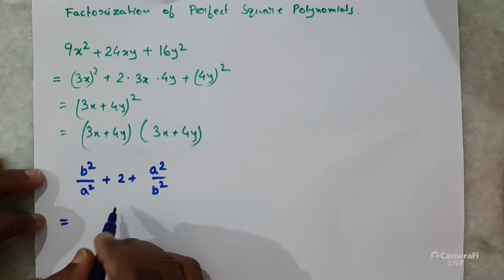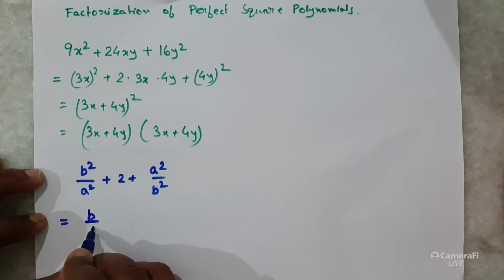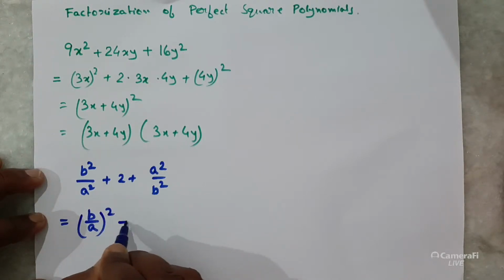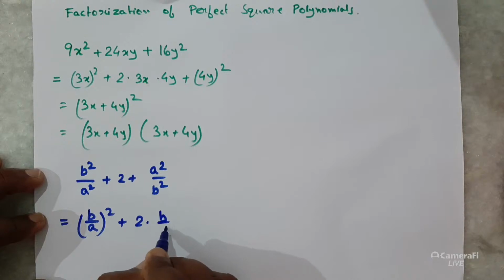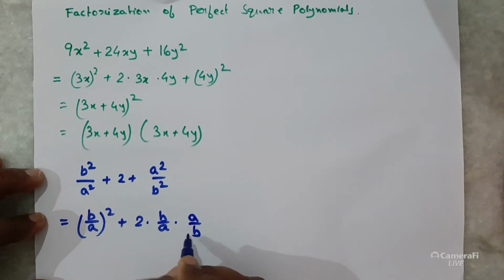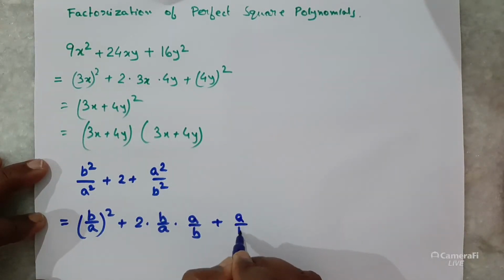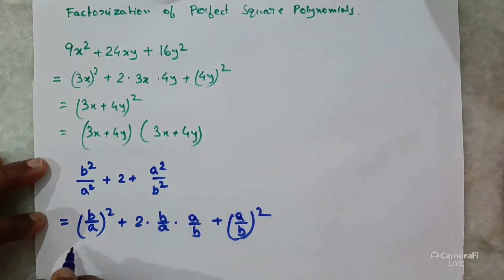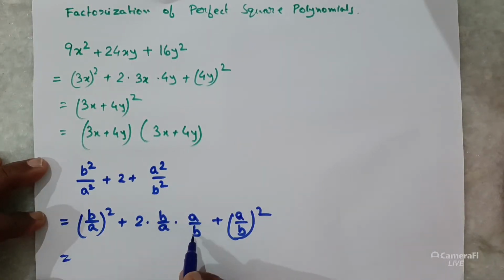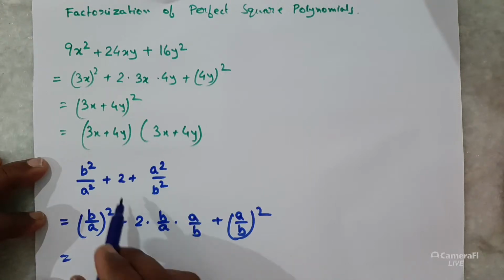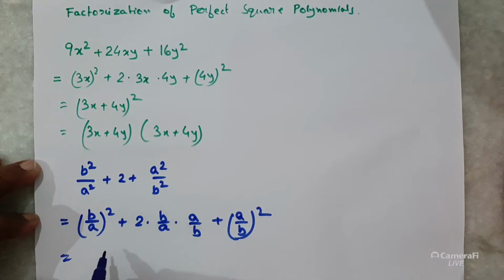First, b by a whole square plus 2 into b by a into a by b plus a by b whole square. Now why b by a into a by b? They cancel each other and remaining 1. That means 2 into 1 means 2. That's why I have written this.